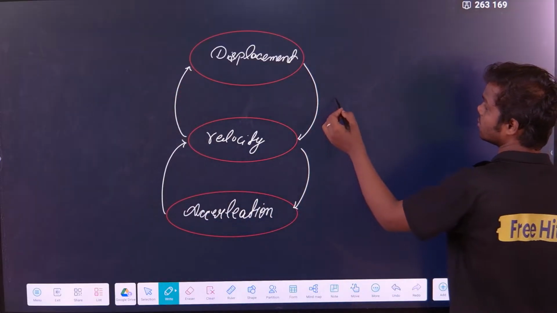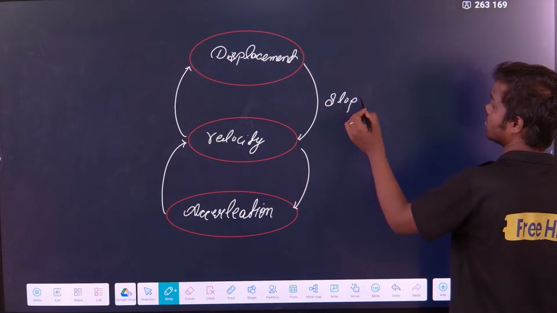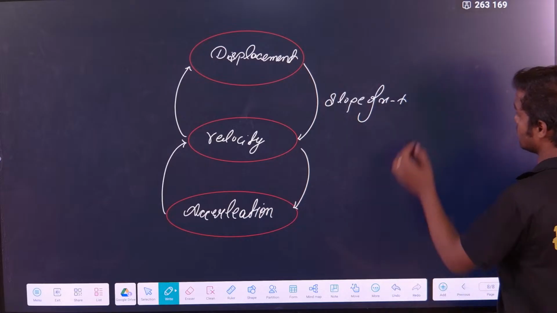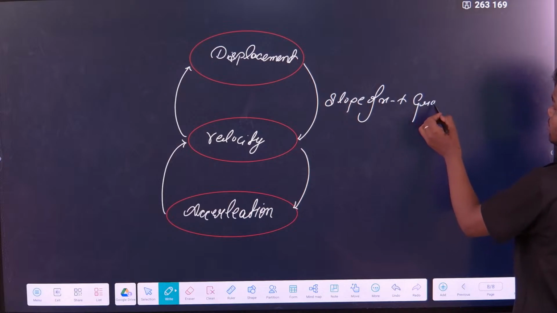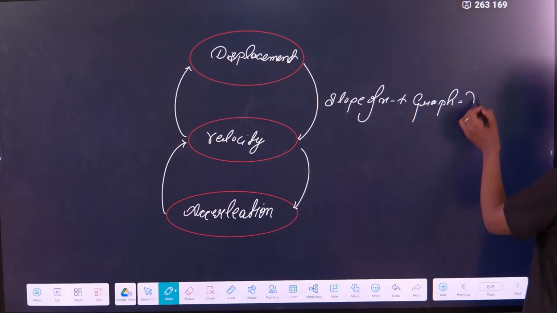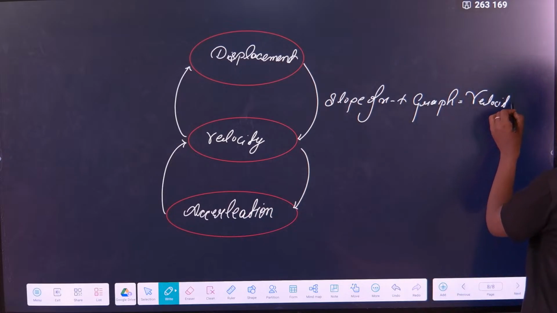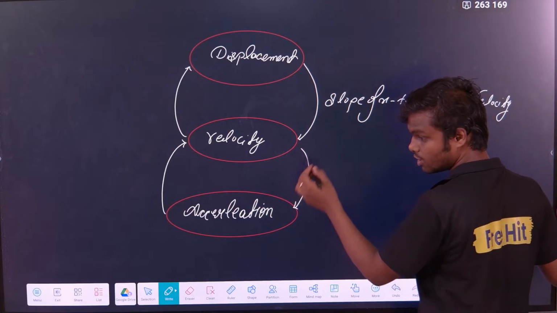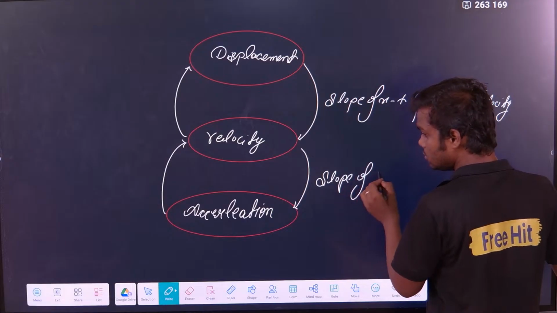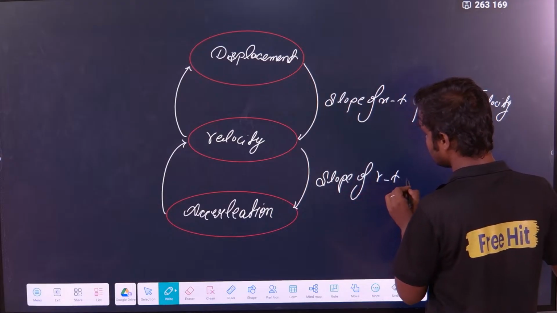This is defined as the slope of the xt curve. If you take the xt curve, then its slope is defined as velocity. From here to here, it is the slope of the vt curve.